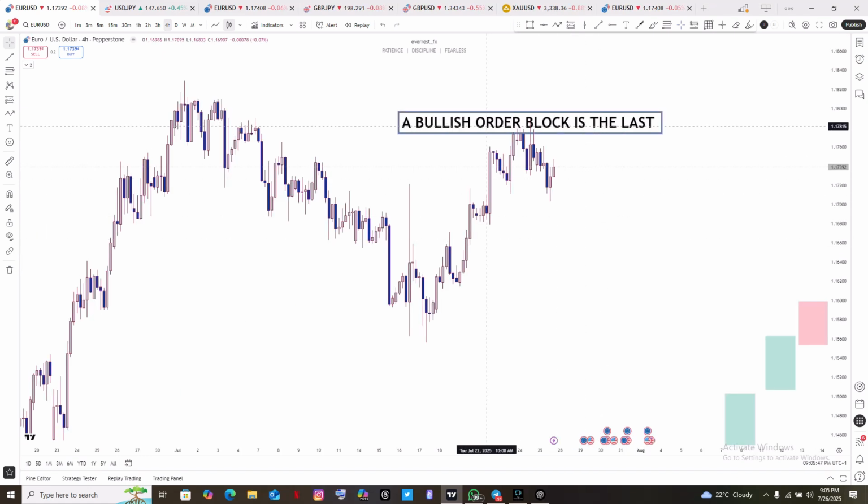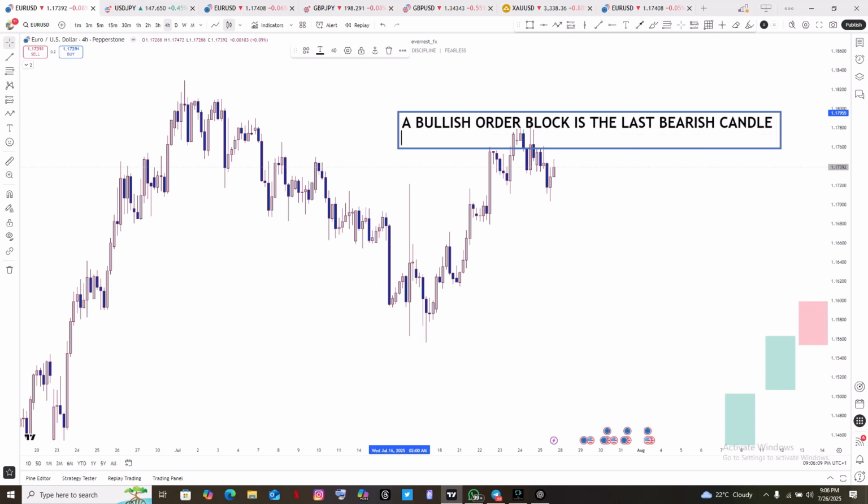So here is a very simple definition. A bullish order block is the last bearish candle before a reversal, while a bearish order block is the last bullish candle before an up move.